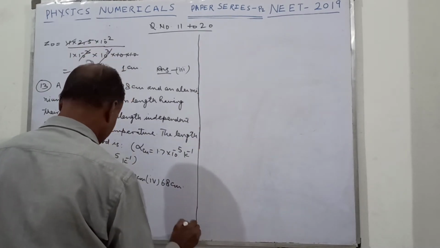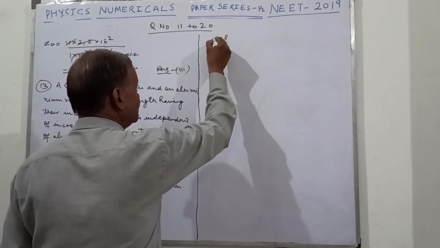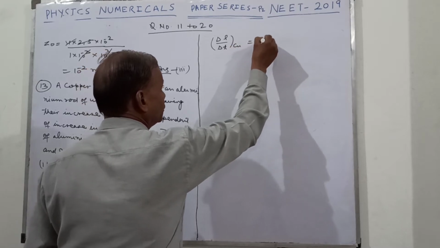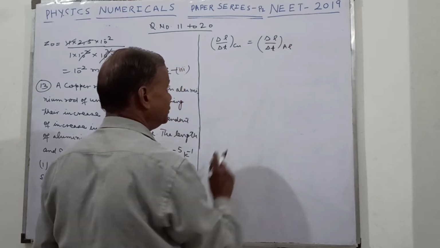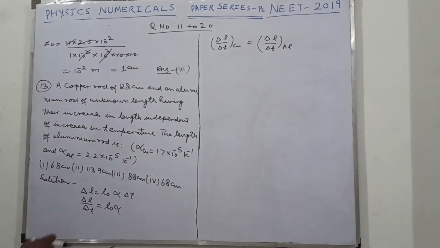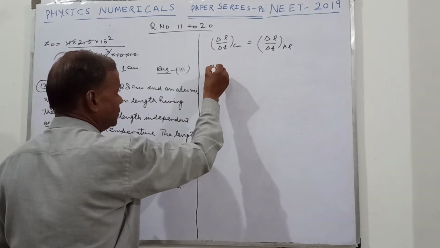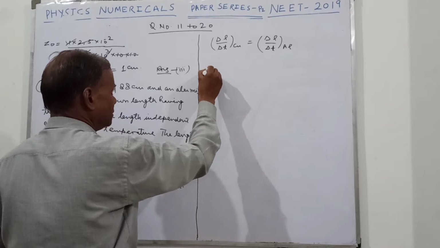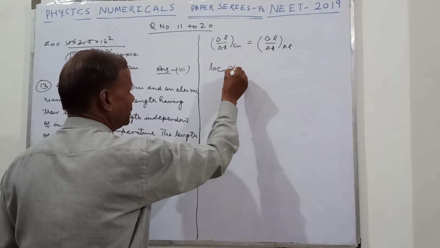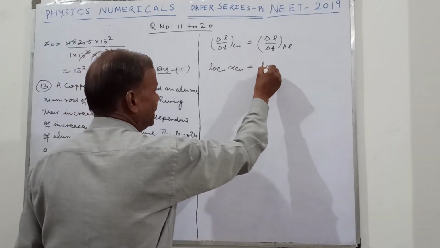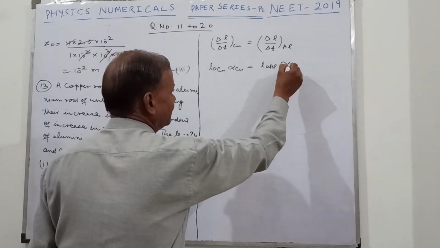So what do we do? Delta L upon delta T for copper equal to delta L upon delta T for aluminum. This you make equal. Now we have L naught copper into alpha copper is equal to L naught aluminum into alpha aluminum.